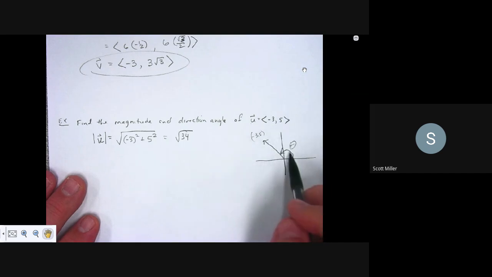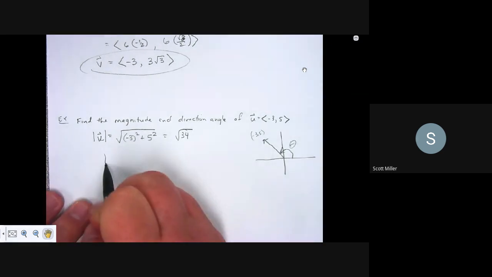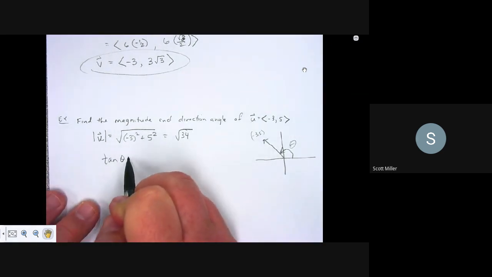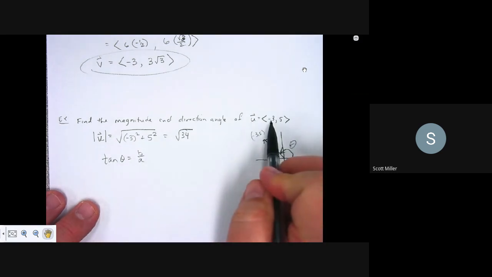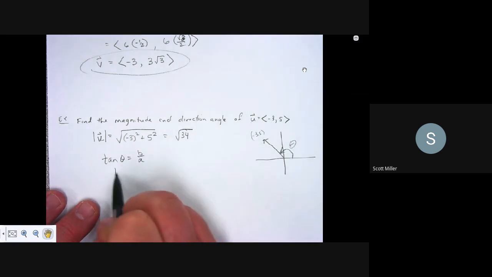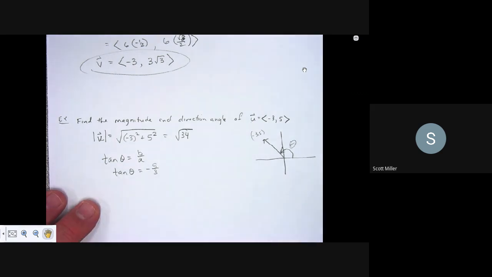So the angle is in quadrant 2. To find the direction angle, you use this equation: the tangent is b over a. So the tangent of our angle is 5 over -3, or -5/3.